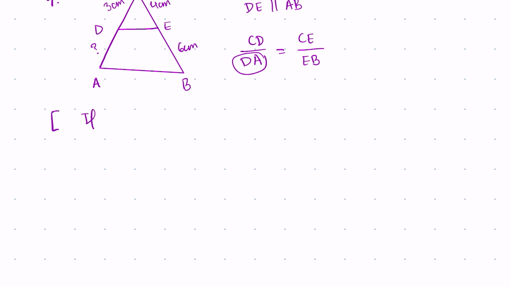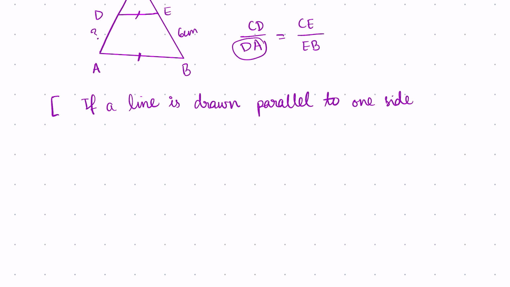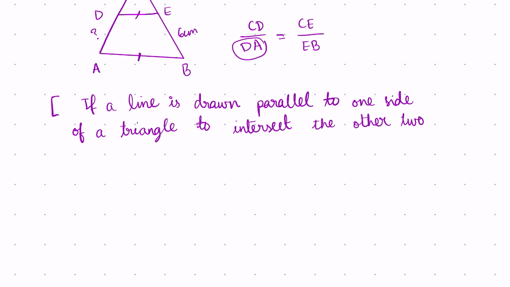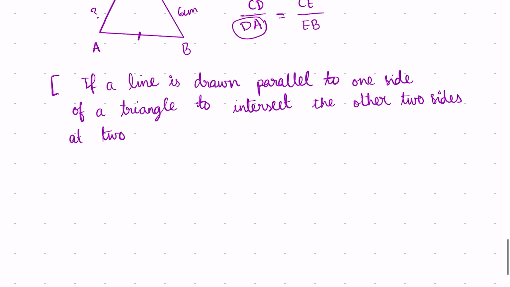If a line is drawn, in this case we drew DE, parallel to one side of a triangle, to intersect the other two sides at two distinct points, in our case the points D and E.